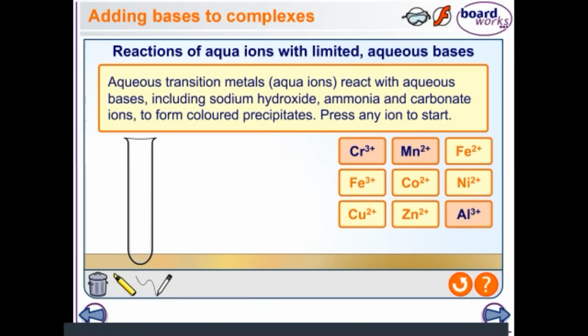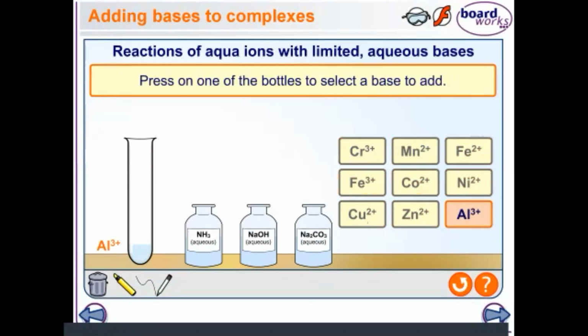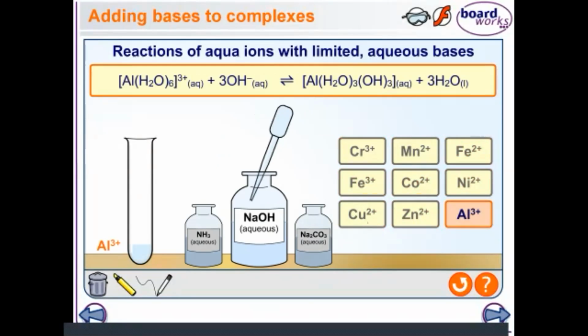Now let's check what the precipitate will be if we use sodium hydroxide. Of course, with sodium hydroxide, it will form aluminum hydroxide, and it is soluble here. So it's aqueous, it's soluble.